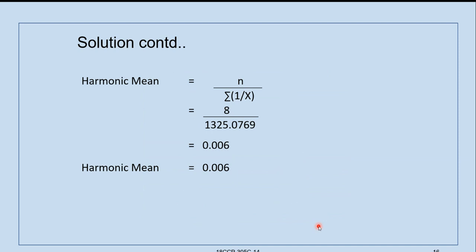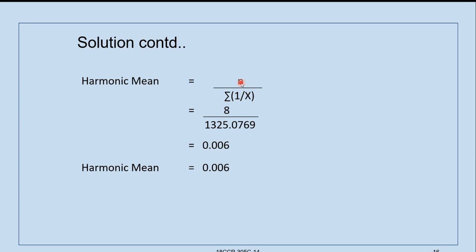And then the formula is applied, that is N by sigma 1 by X. Sigma 1 by X is the sum of the reciprocals of the given series. That is taken in the denominator, and N is taken in the numerator. N is the number of items. So in this problem, we have 8 items.